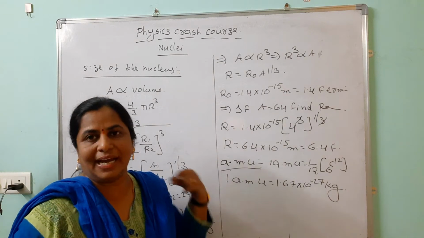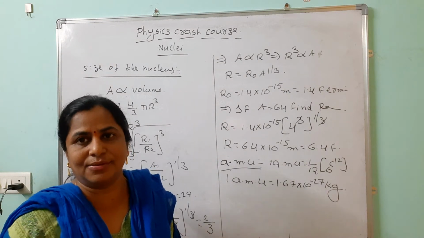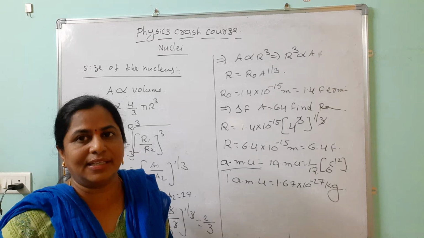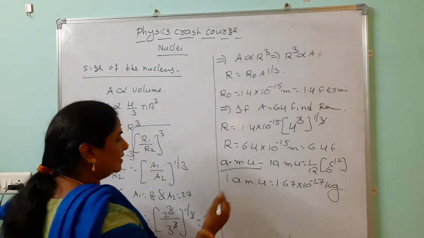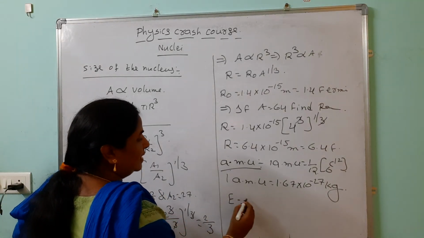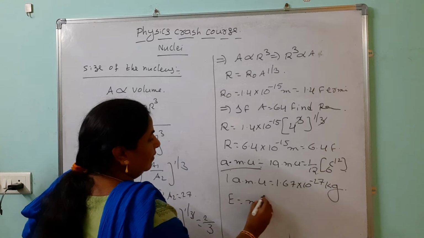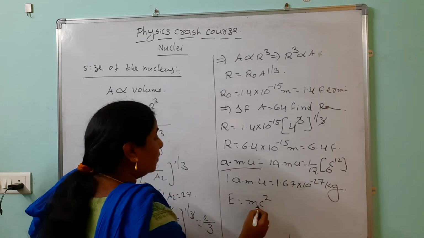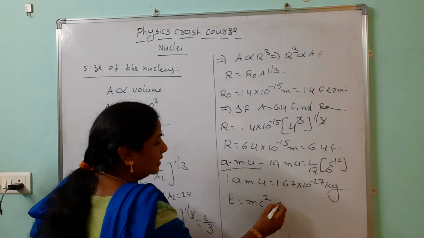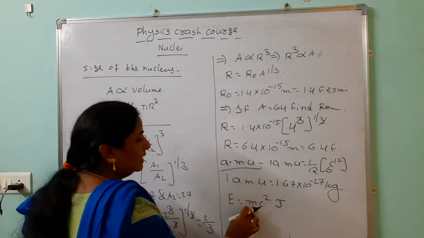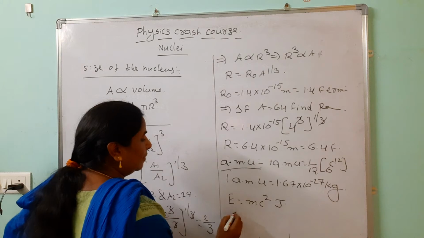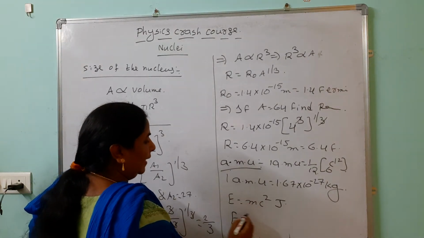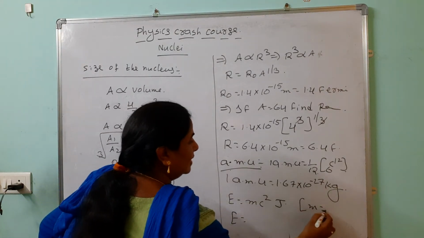You know that from Einstein's relativity theory, E equals mc square. So how can you find the energy? E equals mc square, mass into velocity of light square, and we get the energy in terms of joules when the mass is in kgs.